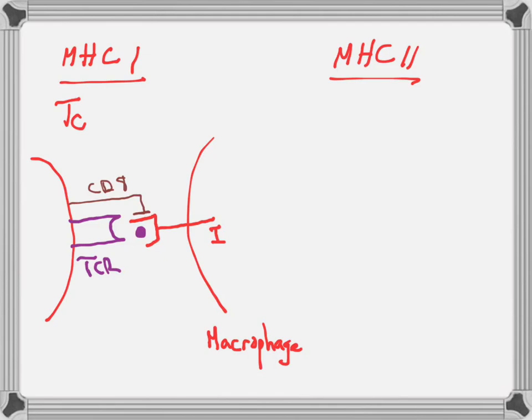Now, one of the things that we said about the innate immune response is it recognizes patterns. It recognizes teichoic acid. It recognizes lipopolysaccharide, things that are common among different pathogens. The adaptive immune response, on the other hand, T cells and B cells, recognizes very specific features.